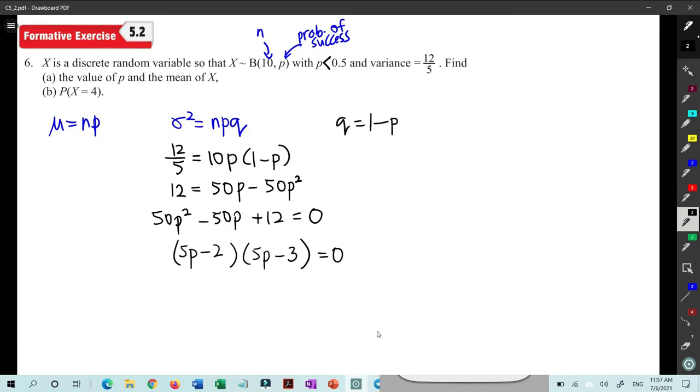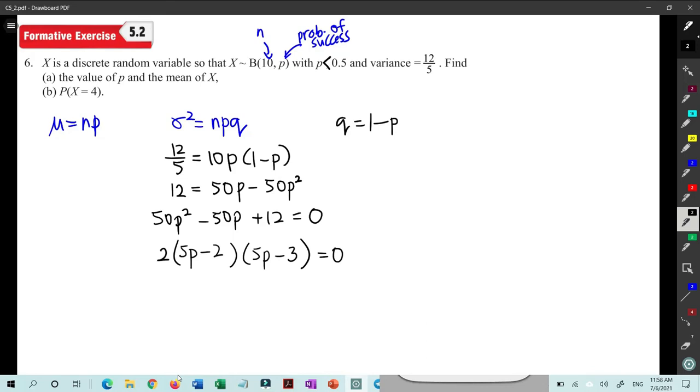The denominator you transfer to in front of p. So 5p times 5p, you only get 25p square. So I'm going to put a 2 here so that you'll get an equation which is equivalent to the previous one. Otherwise you can divide this whole equation by 2. So you'll get 25p square minus 25p plus 6 equals to 0. Then you don't need to put this 2 in front of the brackets.